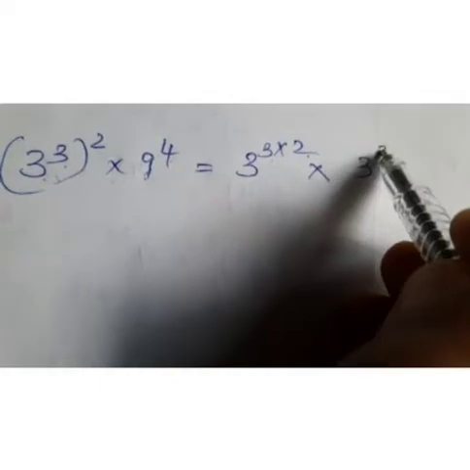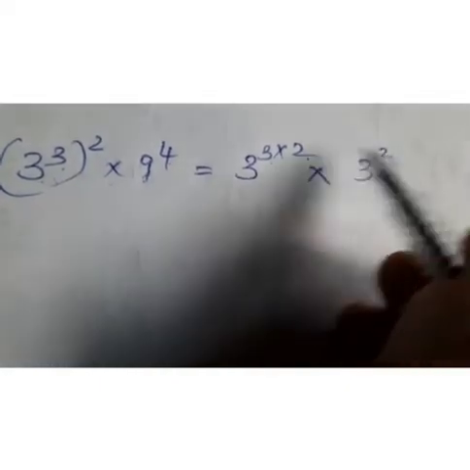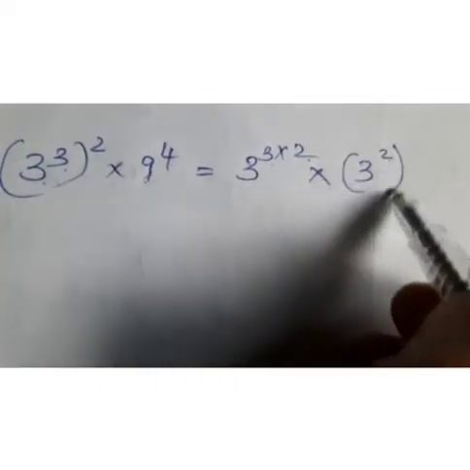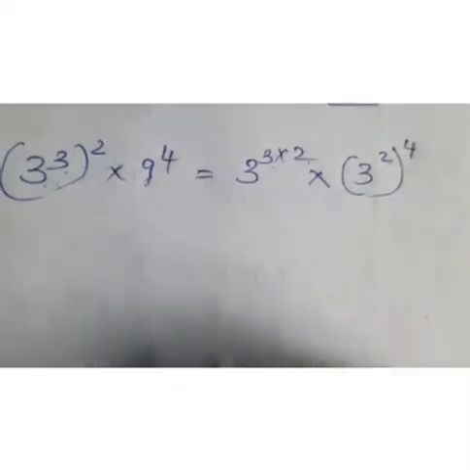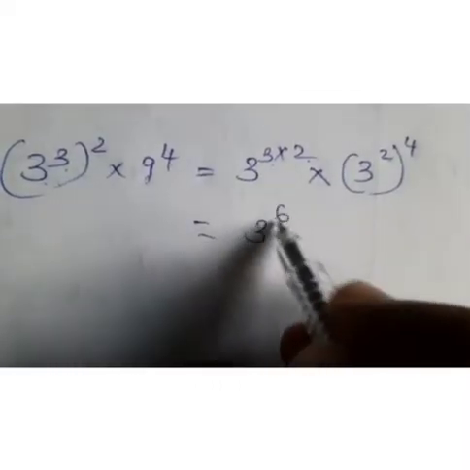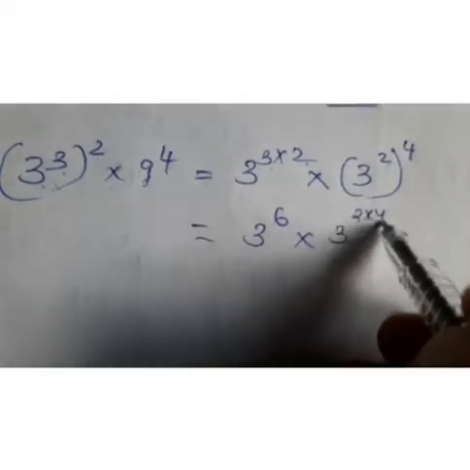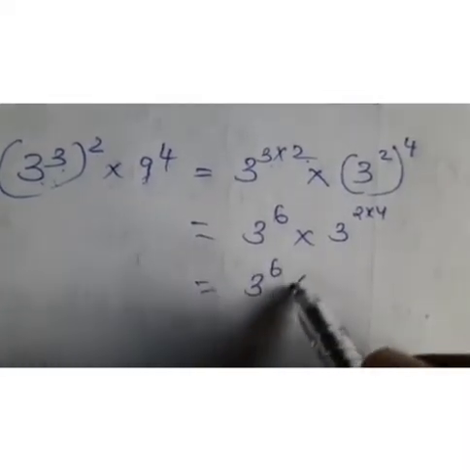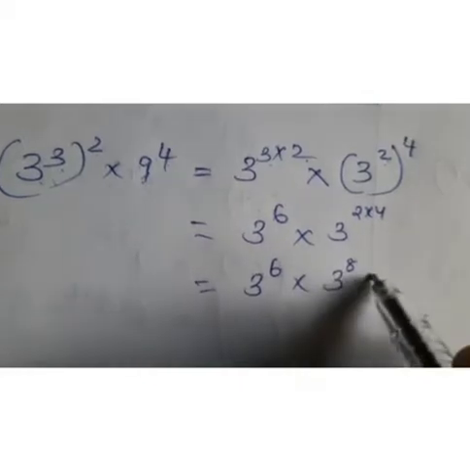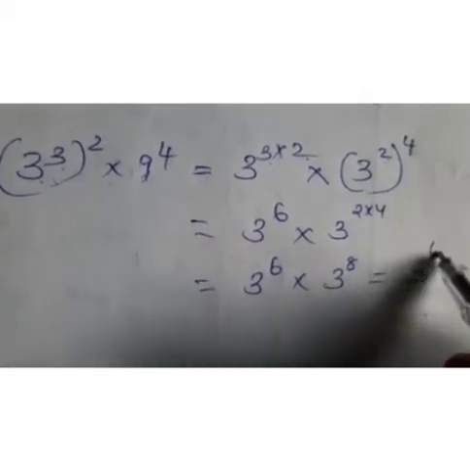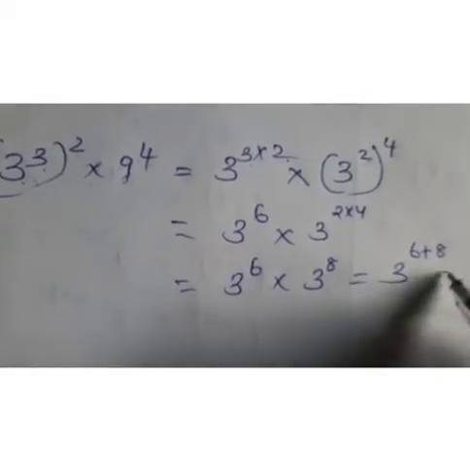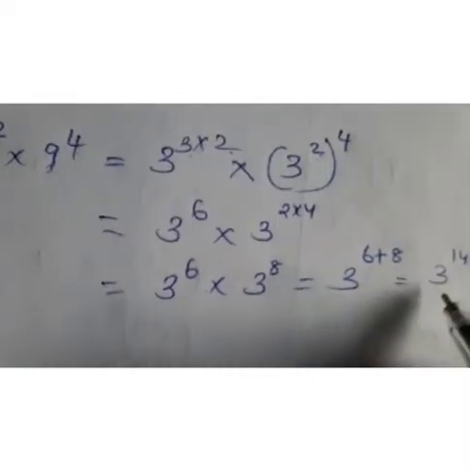So 3 should be multiplied how many times? 2 times. That is 9. Then whole raised to 4. So 3 raised to 6 into 3 raised to 2 into 4. So 3 raised to 6 into 3 raised to 8. The answer is 3 raised to 6 plus 8. How much is that? 3 raised to 14.